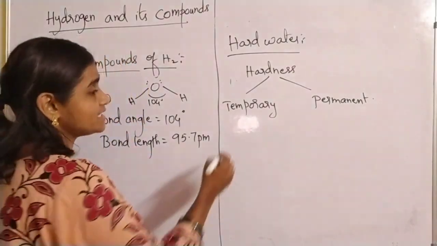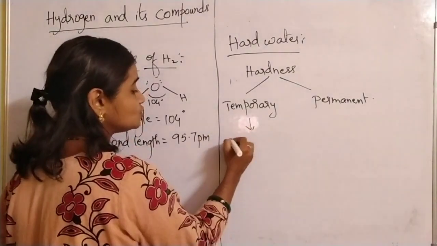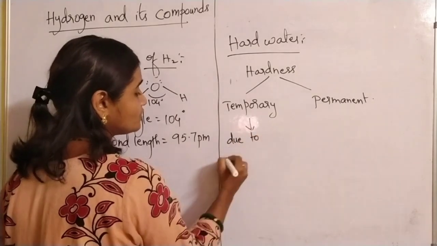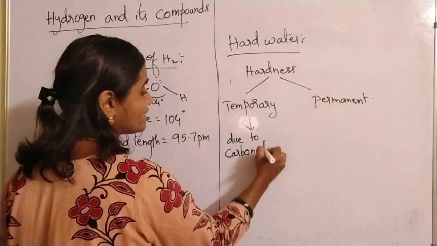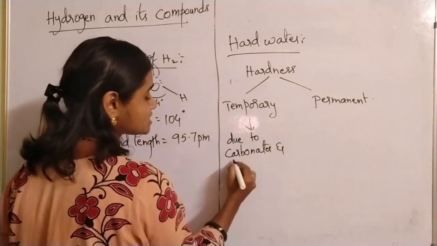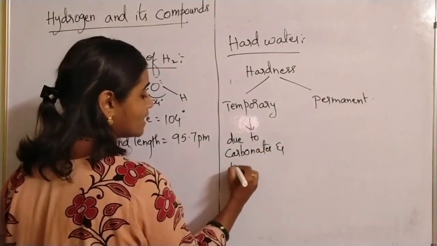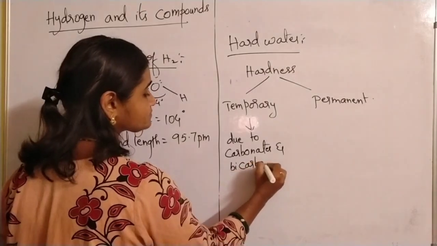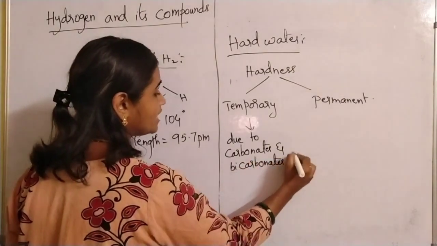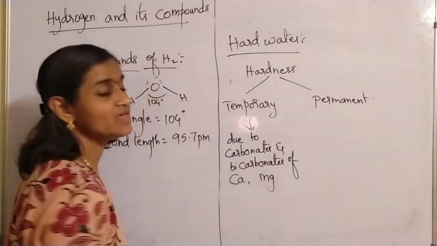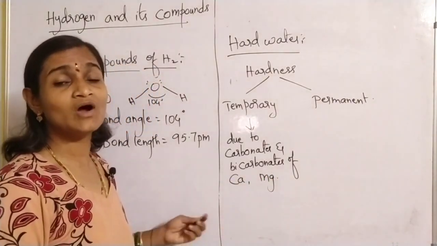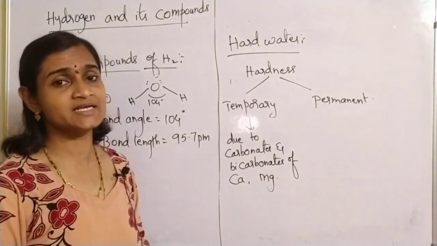Listen here. Temporary hardness is due to the presence of what? Due to carbonates and bicarbonates of calcium and magnesium. If they are present in water, temporary hardness will come.